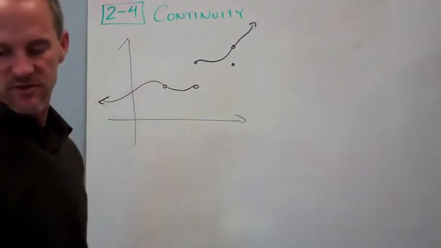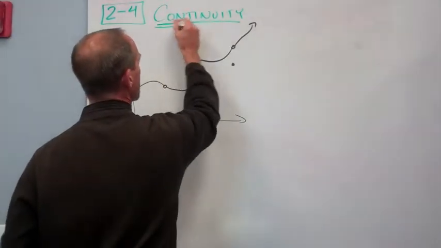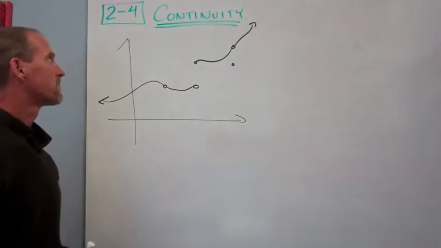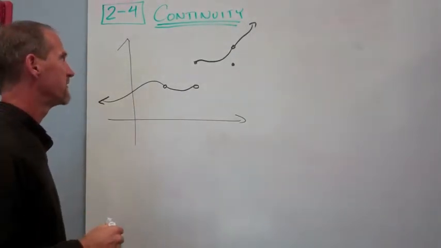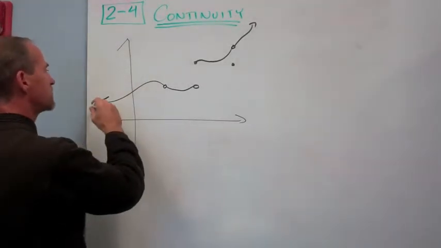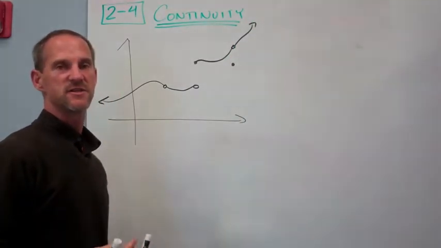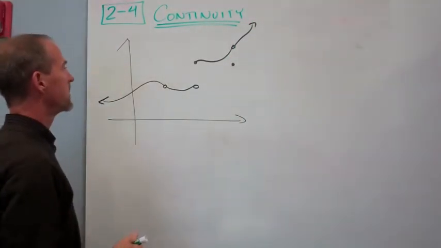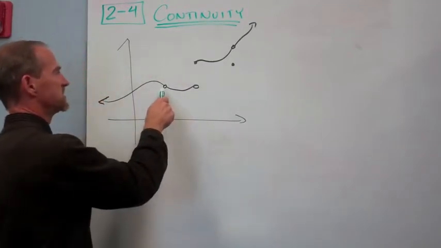All right, well, it's really useful just to think that the word continuity is an awful lot like everyday use, that something is continuous if it never stops, or if it is ongoing with no interruption. So if I can draw a graph without lifting my pen off the paper, that's basically the geometric understanding of continuity. But we got some issues here, and why are these points discontinuous?